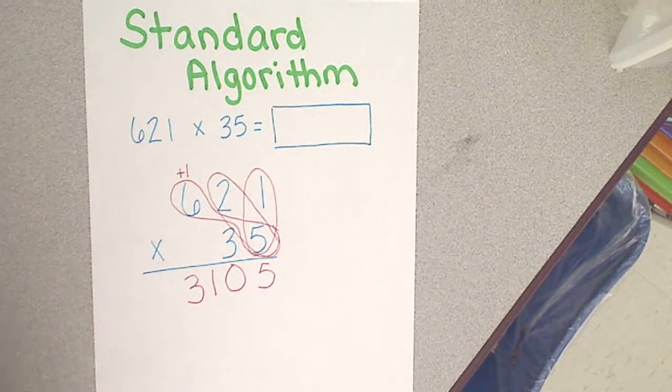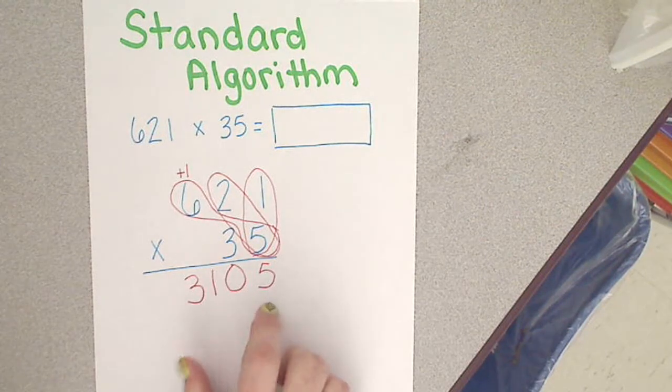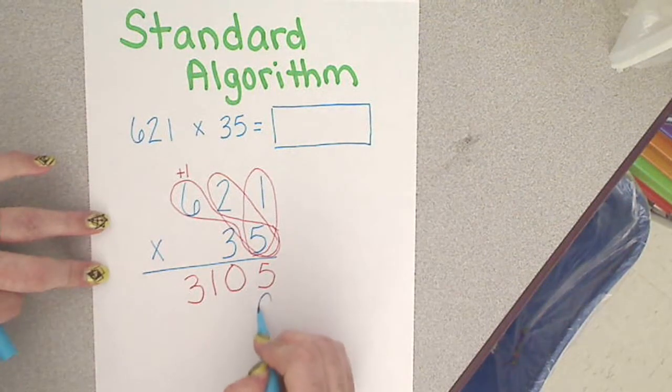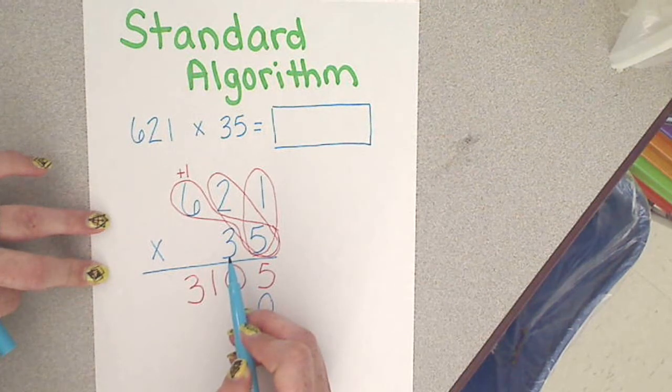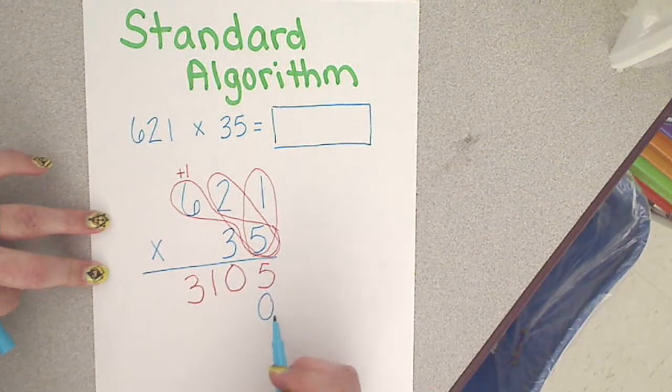And what most students ask is, I don't understand why I'm putting a 0 here. If you think about it, we're now multiplying by a number that is in the tens place. So if you're multiplying something by 10, there's always going to be 1 zero on the end of it.